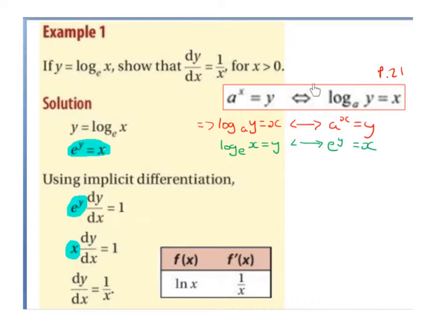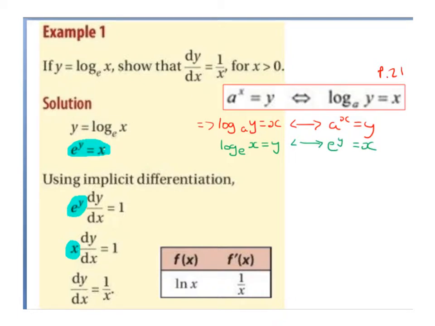So we can swap this around: log base a of y equals x gives us a to the power of x equals y. Swapping the a for e, the y for x, and the x for y: if log base e of x equals y, then e to the power of y equals x.